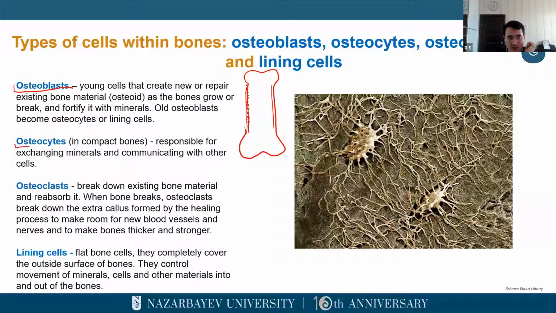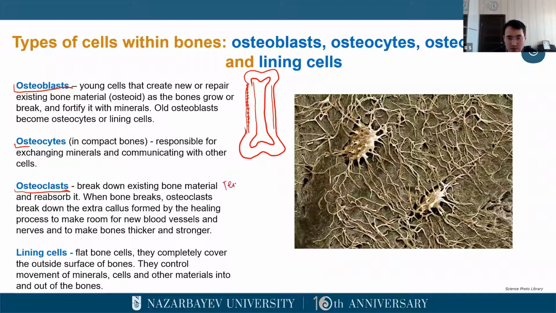So the osteocytes are just mature osteoblasts. Also, we have these osteoclasts here, and these guys constantly remove the tissue or break down the tissue. Why do we need it? We need it for the growing of the blood vessels.